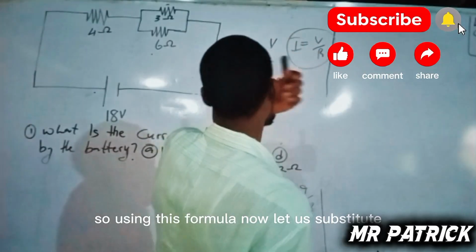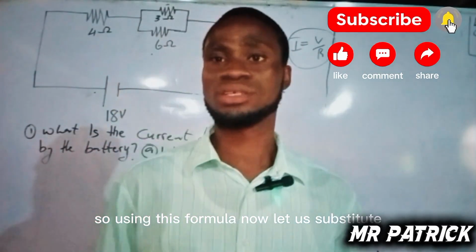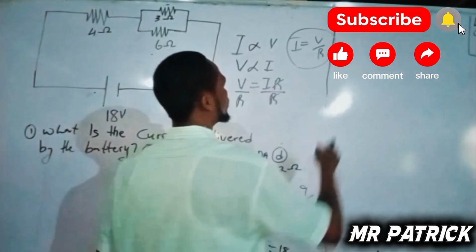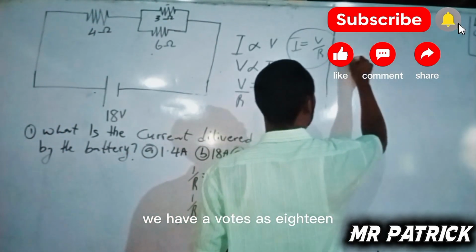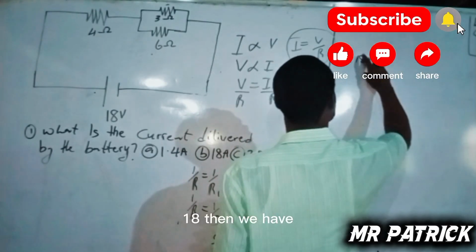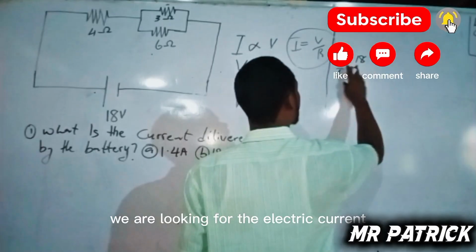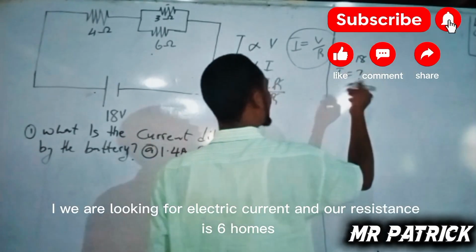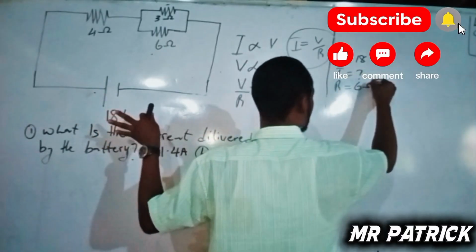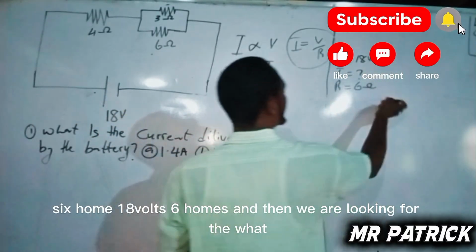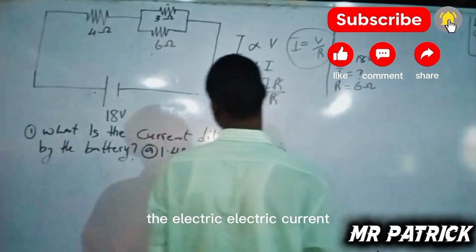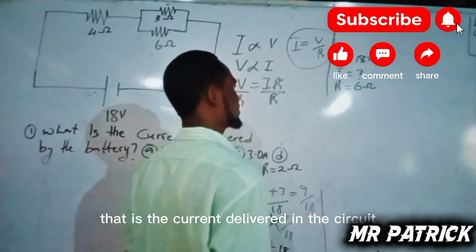So using this formula, let us substitute. We have the volt as 18, then we are looking for the electric current, and our resistance is 6 ohms. 18 volts, 6 ohms, and we are looking for the electric current, that is the current delivered in the circuit.